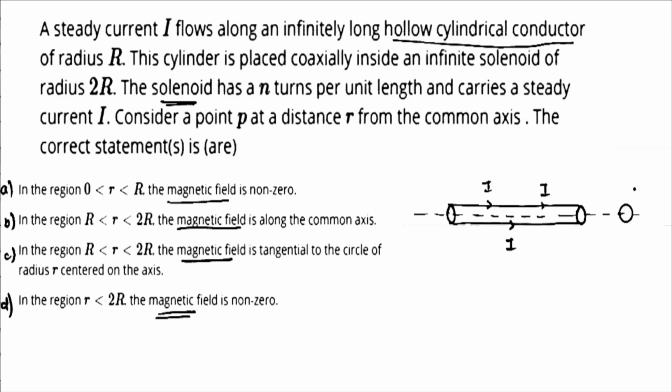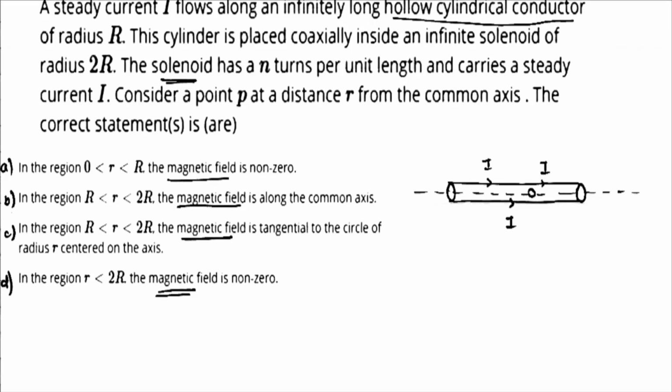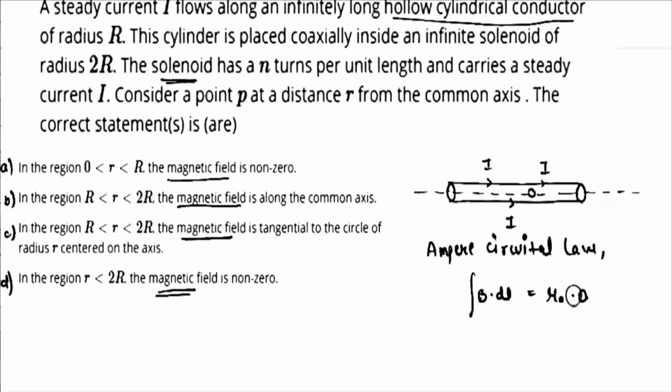Now if I take a loop inside this conductor, then according to Ampere's circuital law, the line integral of the magnetic field will be equal to mu naught times the current passing through this loop. The current passing through this loop will be 0, hence the magnetic field would be 0.